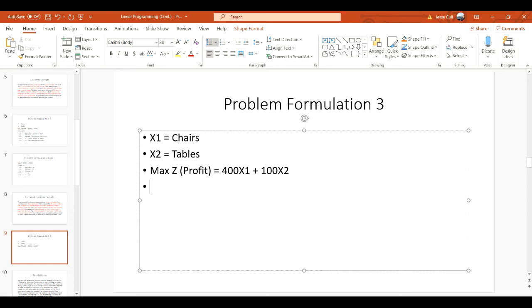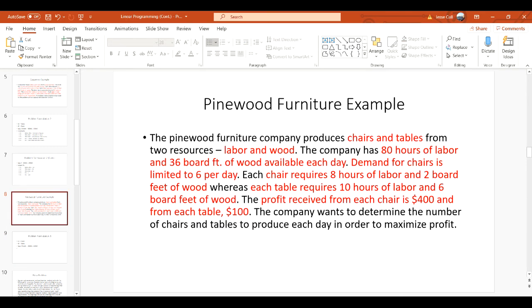Now, as before, we're going to focus on constraints at this point. We have several constraints to look at. The first is that the company has 80 hours of labor available.